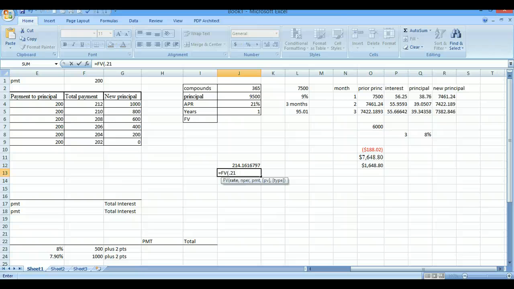Our credit card was 21%, and divided by 365 days a year. 365 days for the number of periods times 1 year, or I could just leave it, but it's a good habit to get into. The payment was 0. We didn't make any payments, and our present value was $9,500. Press equals. There we go.